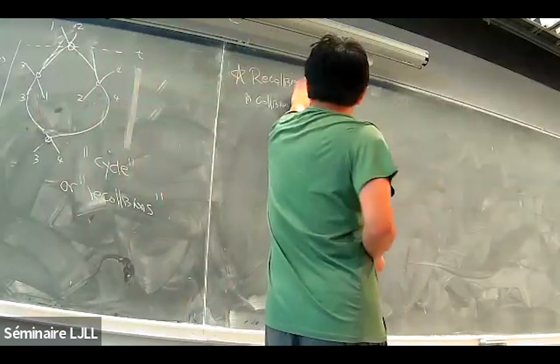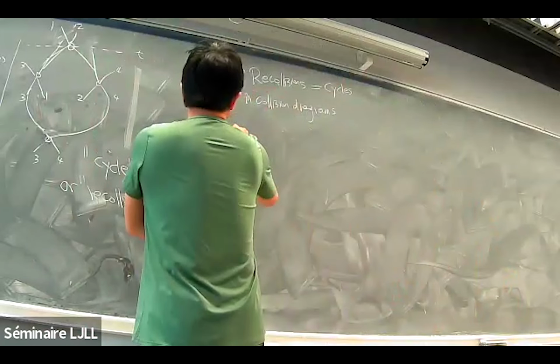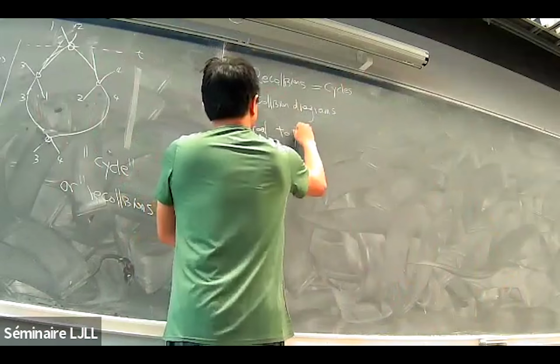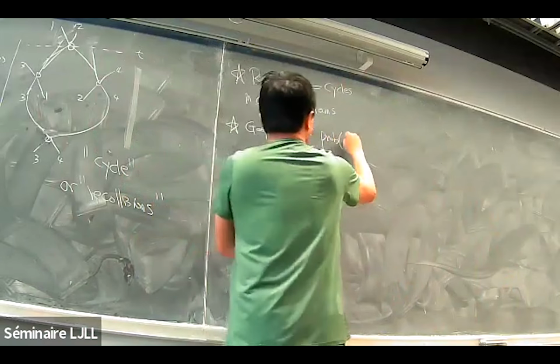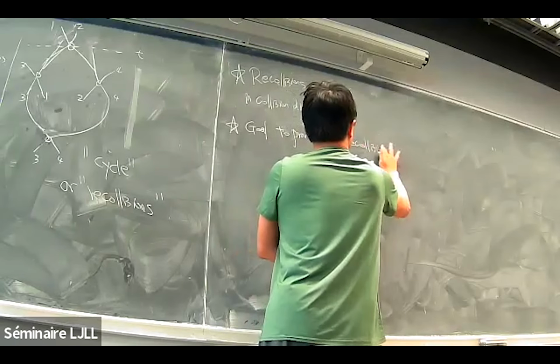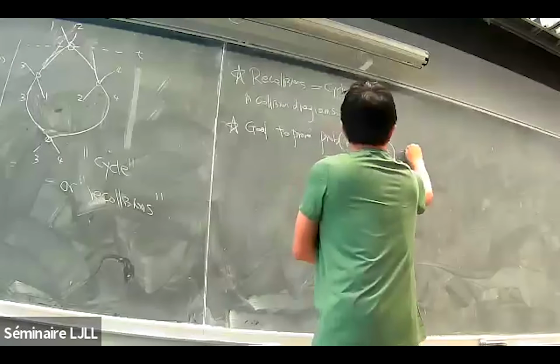But essentially, these recollisions are cycles in these collision diagrams, and the goal is to prove the probability of recollisions should go to 0.